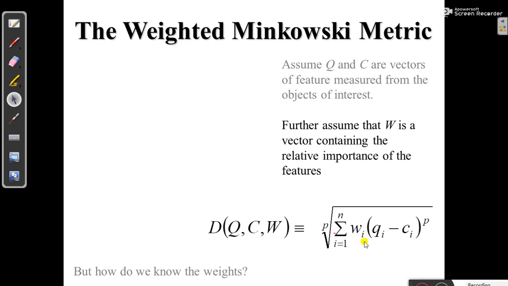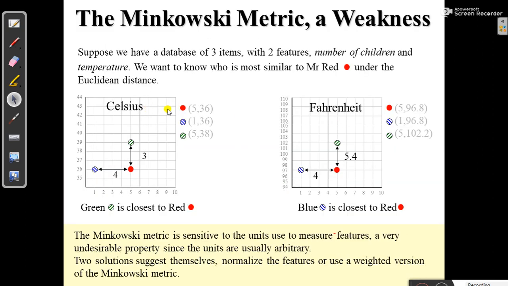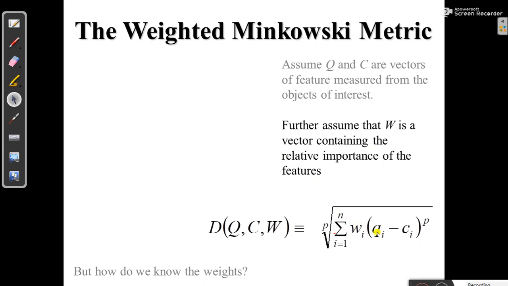Here a weight is used to create better similarity measurements. Assume that W is a vector containing the relative importance of the features. Suppose we have two features, Celsius and Fahrenheit. If some features are more important, you can give them some weight, which will change the distance or similarity value.